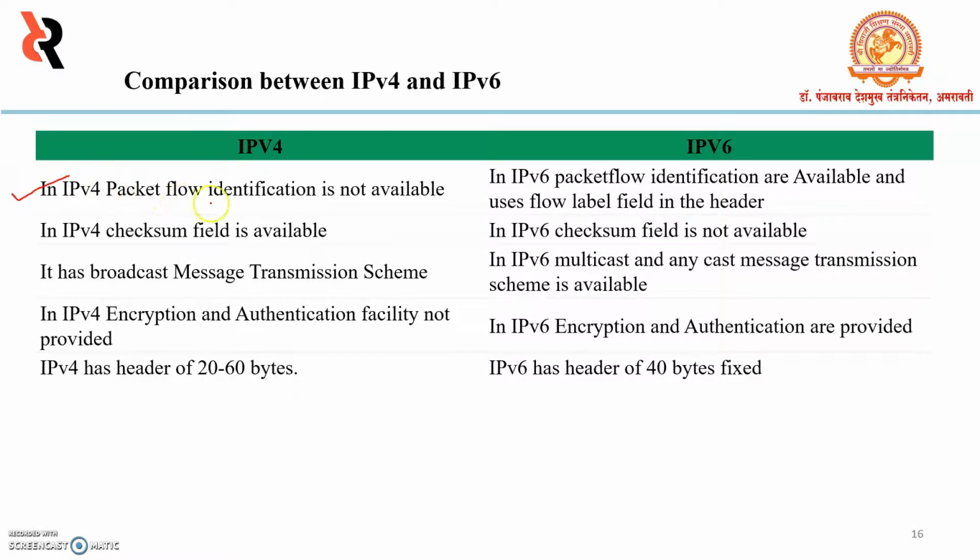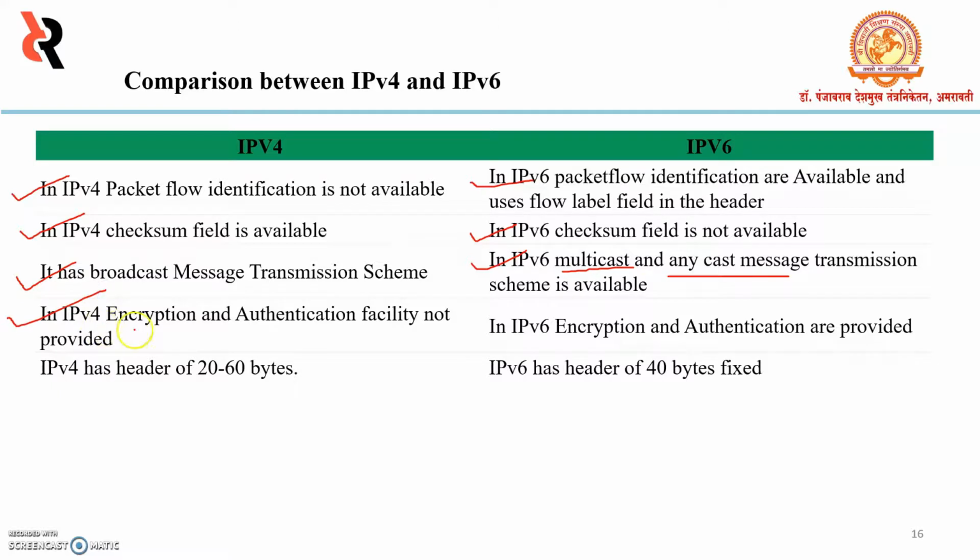IPv4 checksum field is available, and in IPv6 the checksum field is not available, not necessary actually. IPv4 has a broadcast message transmission scheme, while in IPv6 that can be replaced with multicast, and Anycast is already there.